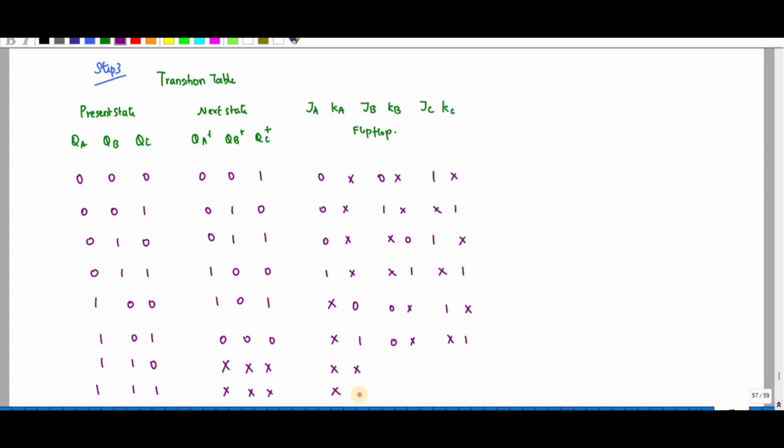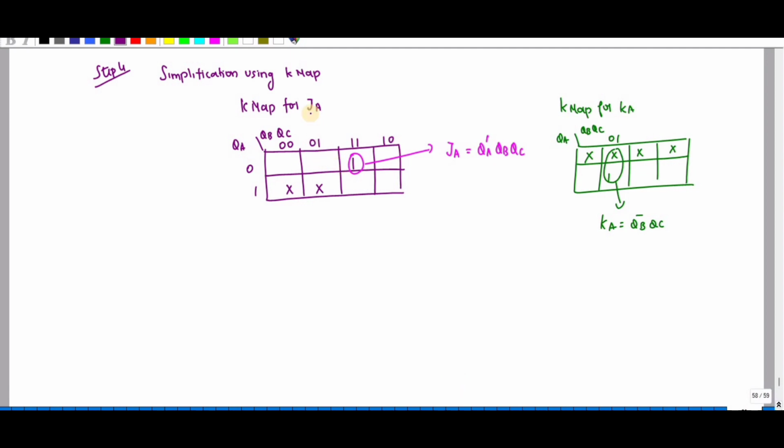So it is x x x now. I have made a mistake, okay, so I have to substitute this one as x. So if I group this one, I will get QB QC. J is equal to QB QC.